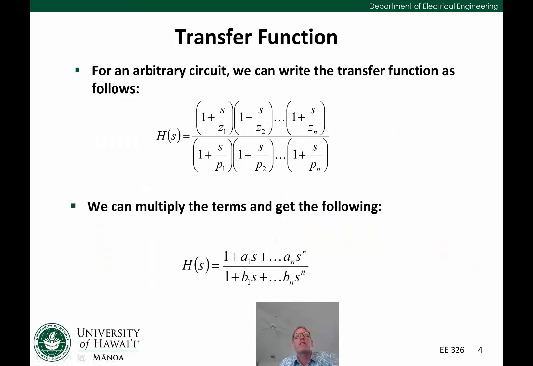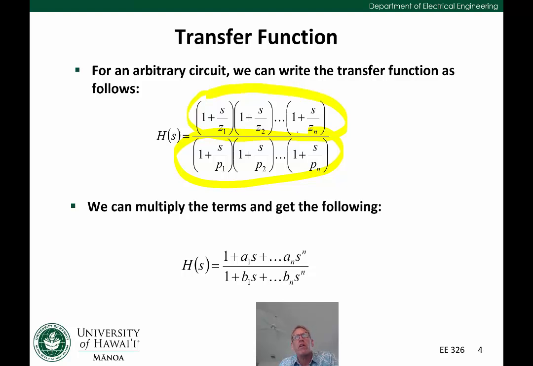It relies on this concept that we can write the transfer function of any circuit in terms of a product of zeros divided by the poles. So we get this transfer function H of s. And this is just an arbitrary generalization for the circuits, where n is going to represent basically the number of nodes we have in our circuit.